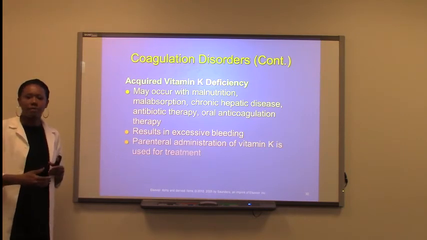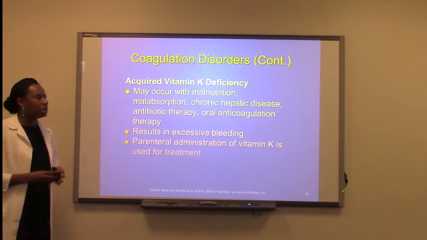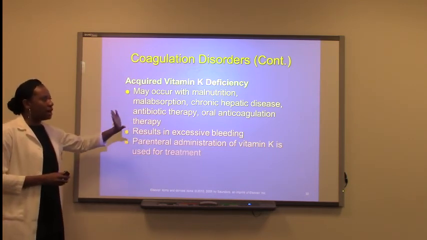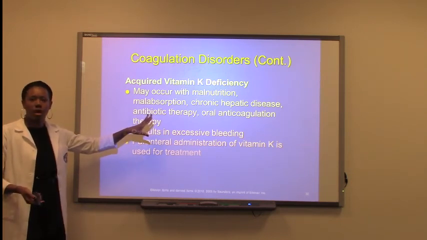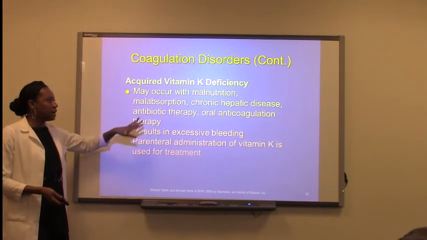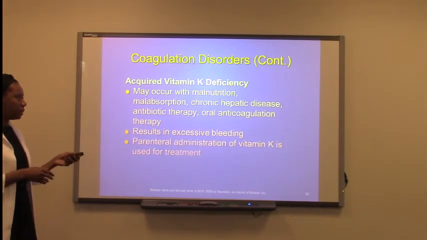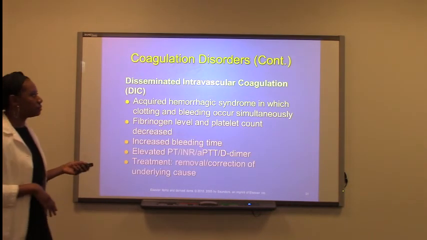Sometimes they can have absorption issues where they're not able to absorb certain vitamins and nutrients. Obviously, liver disease can also cause issues with vitamin K synthesis, and so can antibiotic therapy and coagulation therapy. So how do you treat this? Vitamin K. Easy enough.